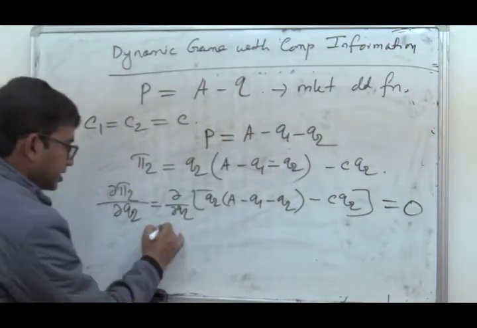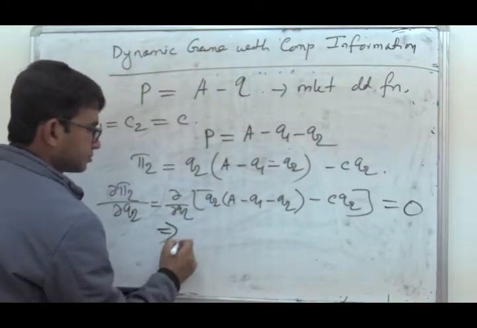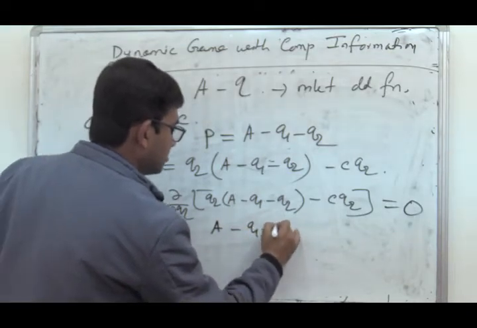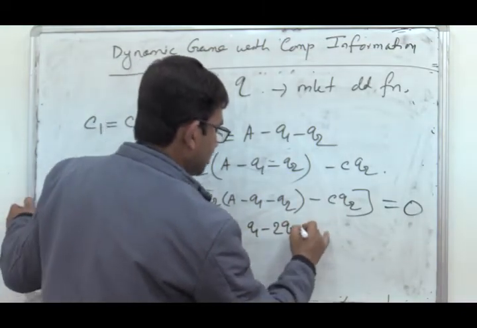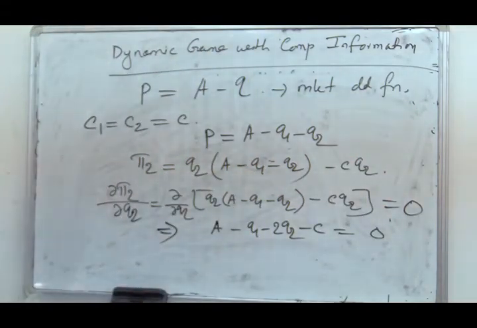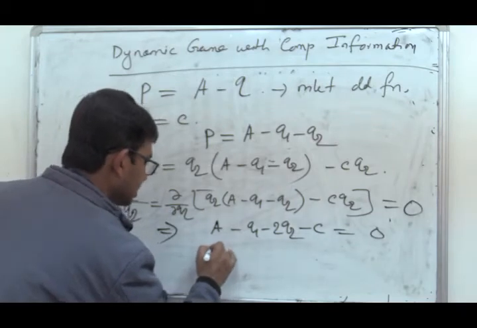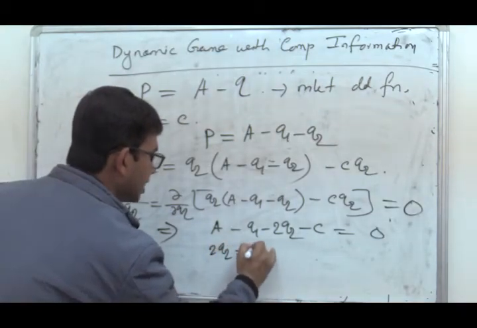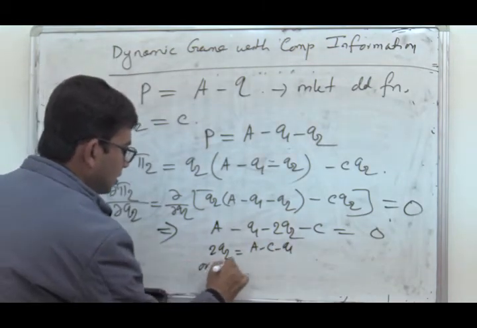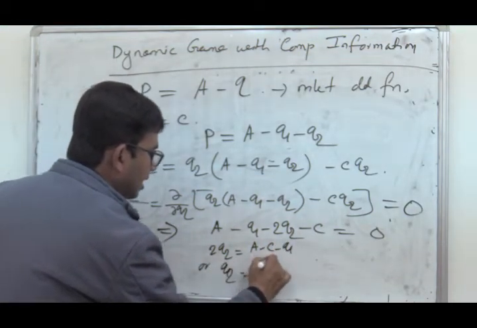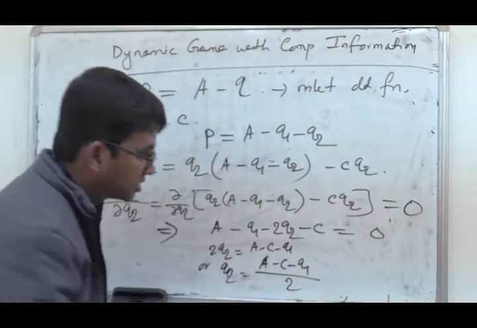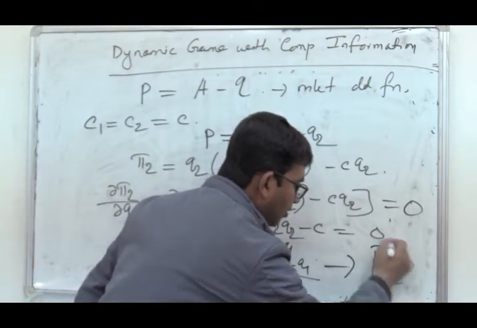If we differentiate it, what do we get? A minus Q1 minus 2Q2 minus C equals 0. Or we can write 2Q2 equals A minus C minus Q1, or Q2 equals A minus C minus Q1 by 2. So this is the reaction function of firm 2.